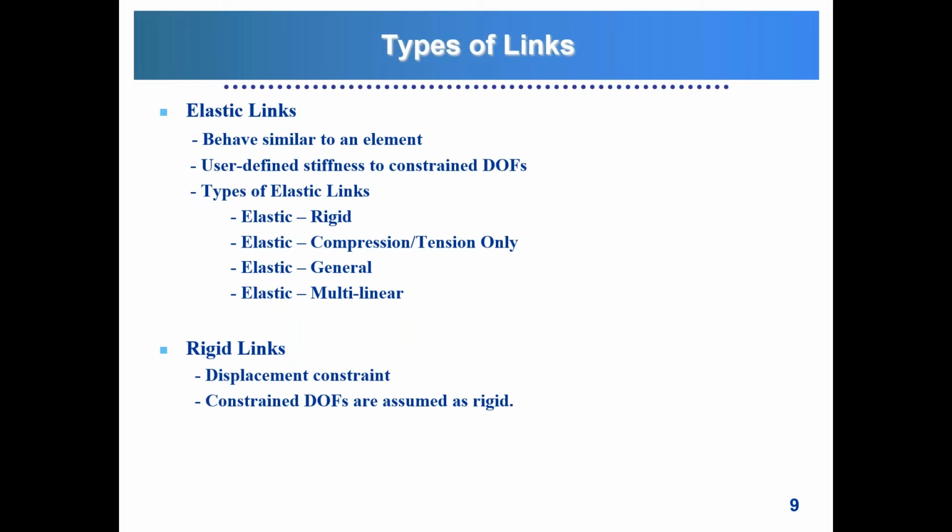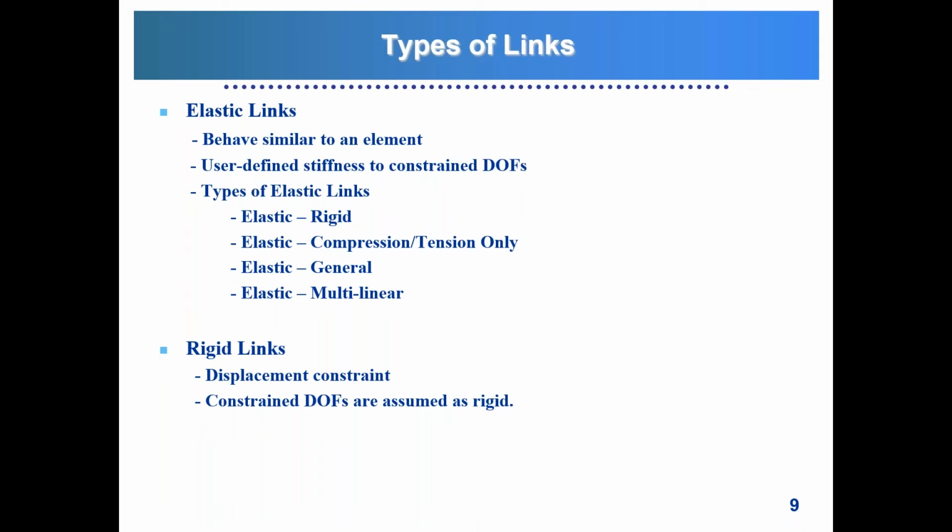Essentially, there are two main types of links. You have elastic links and you have rigid links. Briefly, elastic links behave similar to an element in the sense that they have a stiffness in the different degrees of freedom.